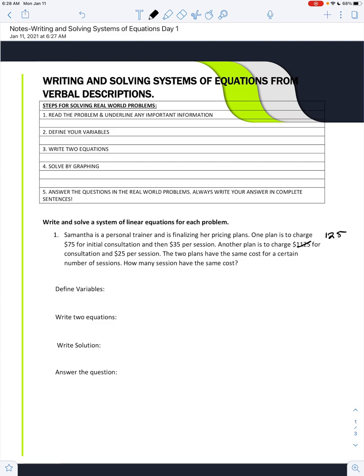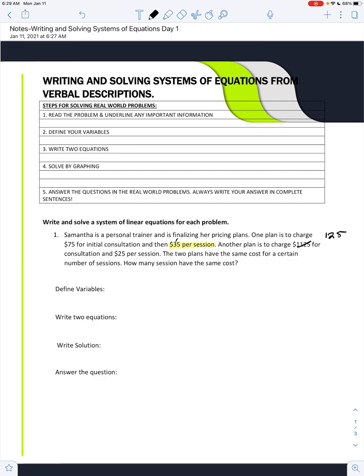All right. So first what we're going to do is to define the variables here. Note that it says she's going to charge a $75 initial consultation fee. That's one of the options, and it's $35 per session. That $35 per session is telling us that per or each is always talking about slope here.